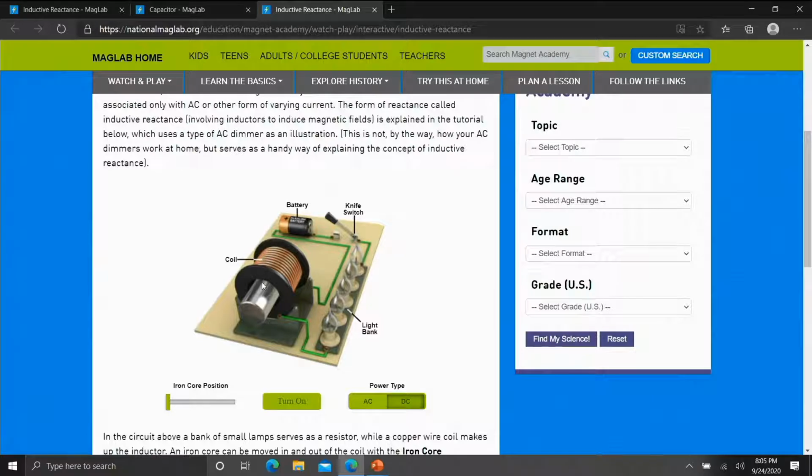Inside the inductor, we have a highly permeable core, an iron core, and by changing the position of that core, we vary the inductance, or henries, of that inductor. So we'll start out with the battery and we'll turn it on.